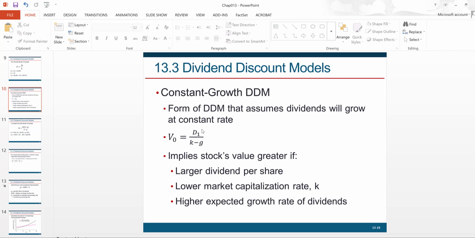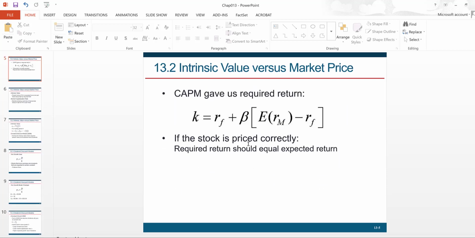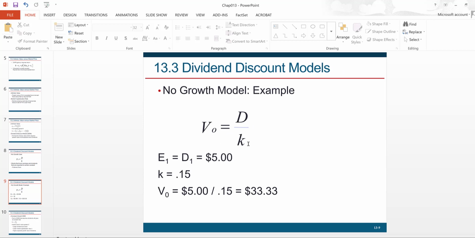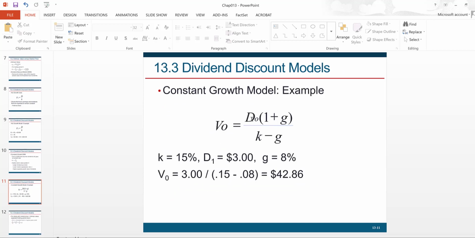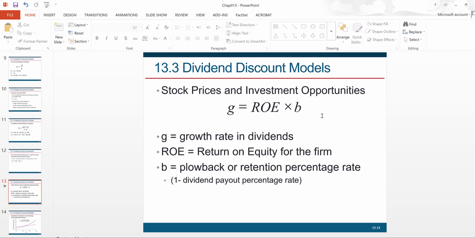If I know what the current dividend is, I can estimate the next year's dividend if I know the g. k, as we talked about earlier, comes from CAPM or other asset pricing model. So what remains is g. We know D0, this is the current dividend. We know k. What is missing here is g. So how can I estimate the growth rate? That's the next discussion that we are going to have.